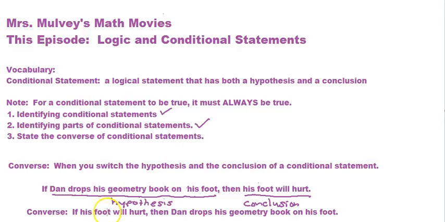But technically, the converse, where I switch the hypothesis and the conclusion, would be if his foot will hurt, then Dan drops his geometry book on his foot. But I'd probably change the grammar of that to say if his foot hurts, then Dan drops his geometry book on it. So again, the converse is where you switch the hypothesis and the conclusion.